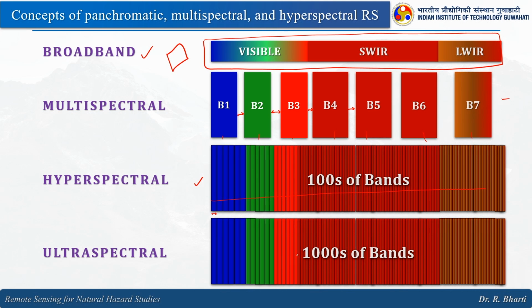When we talk about ultraspectral, again the measurement is contiguous and the number of bands is in the order of thousands, right. So, here one thing we have to understand is how we are generating this image. If it is broadband, we have one pixel value, second pixel value, third, fourth and fifth. Then we have another set of pixels.